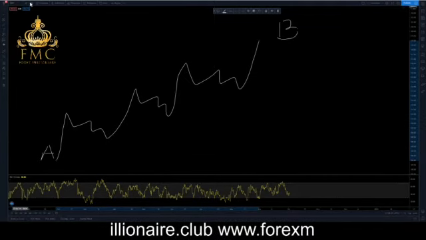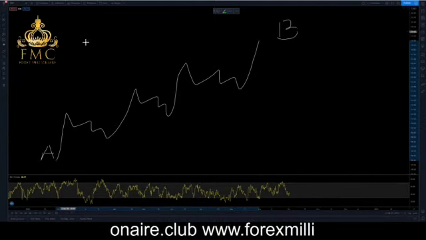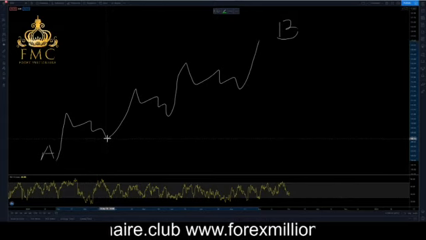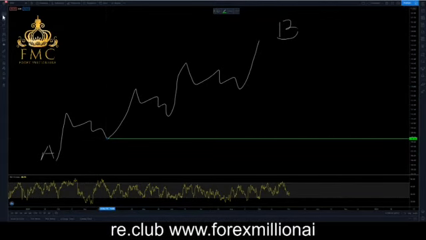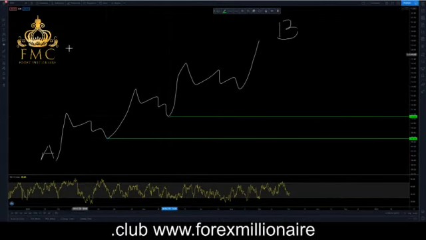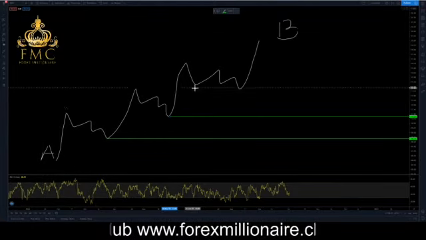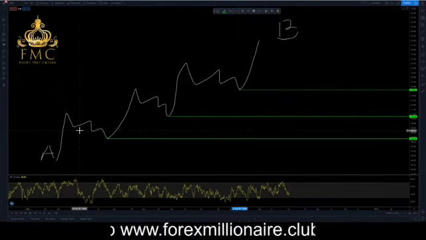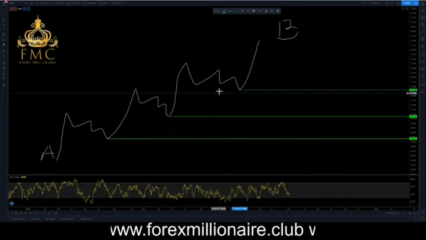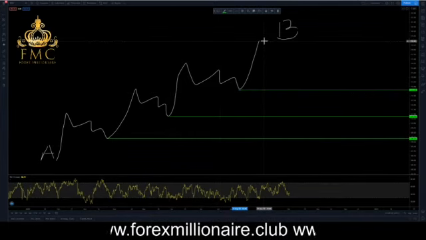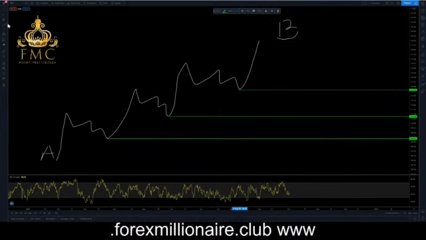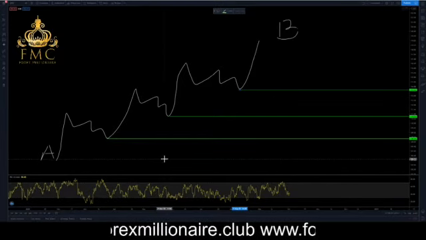So as we mark our levels, we will be marking the levels at the end of the correction, right? So we have first level here, second level here, third level here, right? So as you guys can see, those are our supply levels within the uptrend, right?